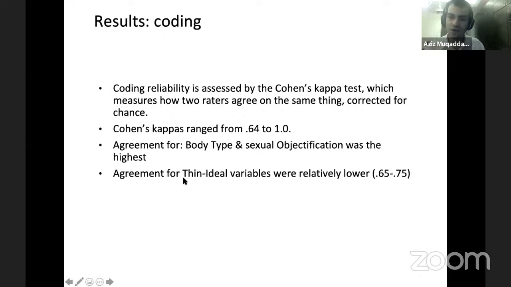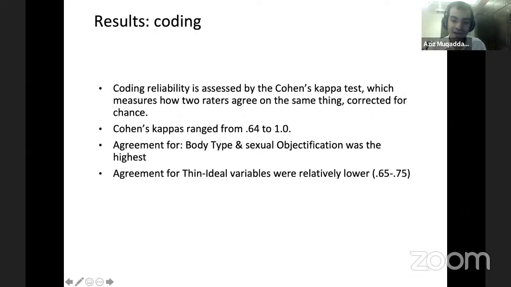So in each category, to what extent they have agreed. So agreement for body type and sexual objectification was the highest among the two coders in this research.